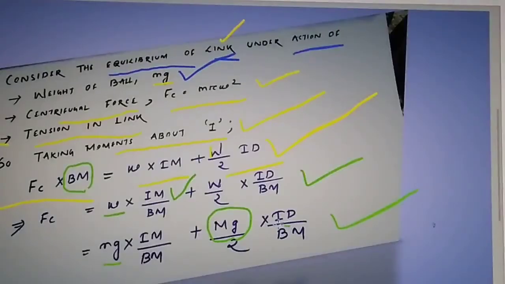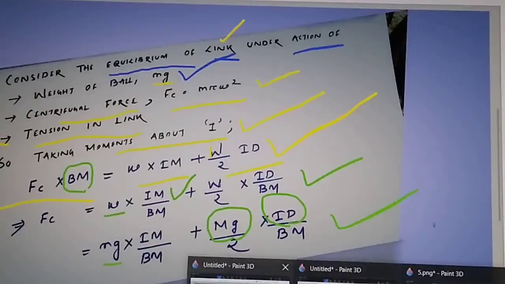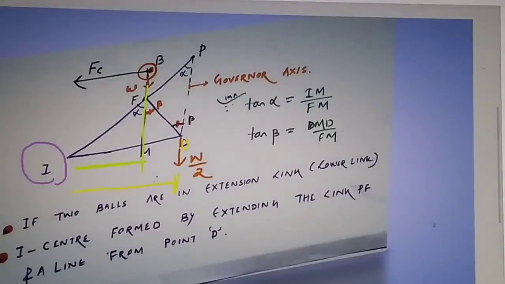So just separate these two terms. ID means the summation of two lengths. ID is this one. So I can write ID is equal to IM plus MD. IM is this to this and MD is this to this.